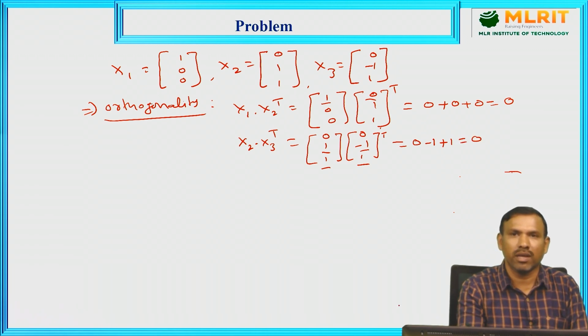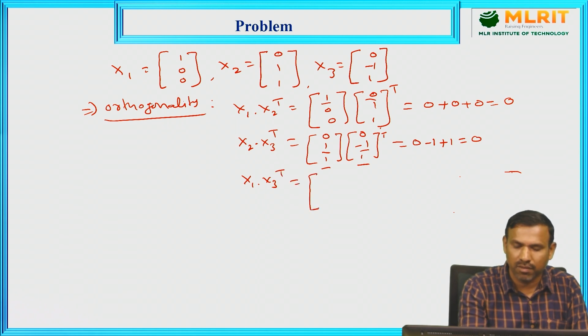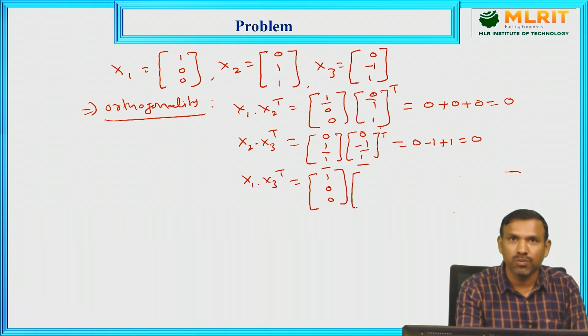So x2 and x3 are orthogonal to each other. One more possibility, first and third: x1 dot x3 transpose. x1 is (1, 0, 0) and x3 is (0, -1, 1).